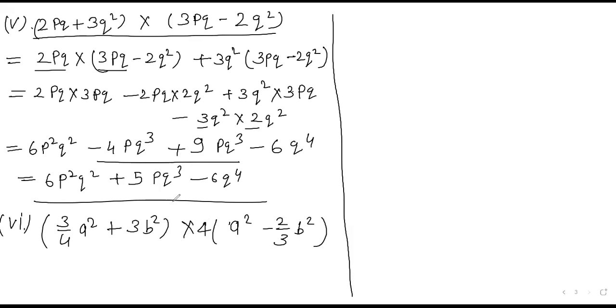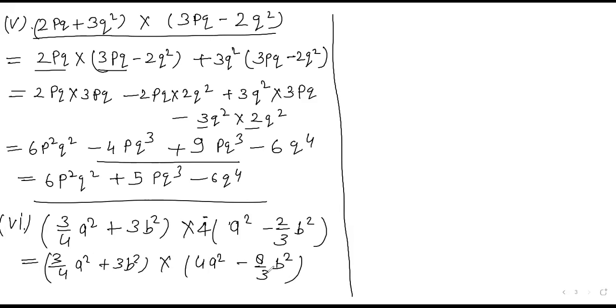Now firstly in this question, take this 4 inside the bracket. Then we will multiply, otherwise a little bit of confusion will be there. And multiply 4a square minus 8 upon 3b square.